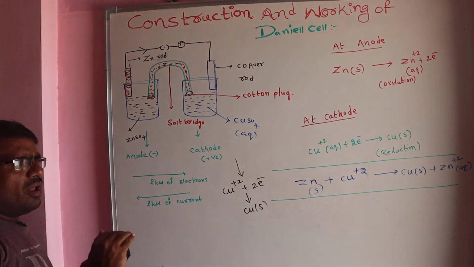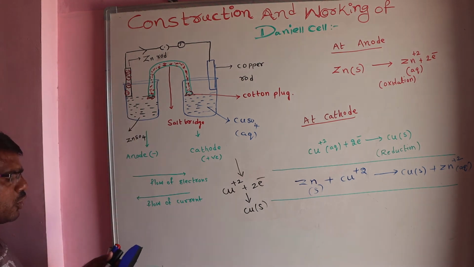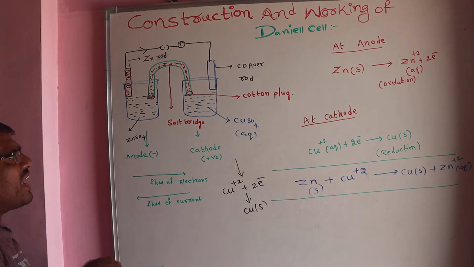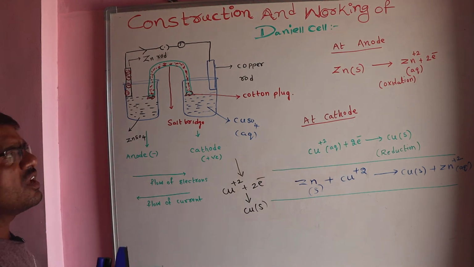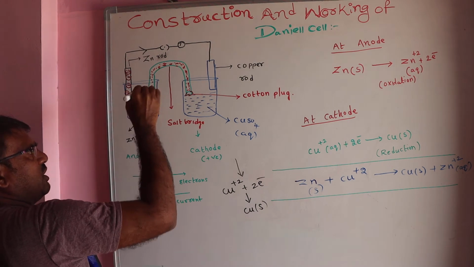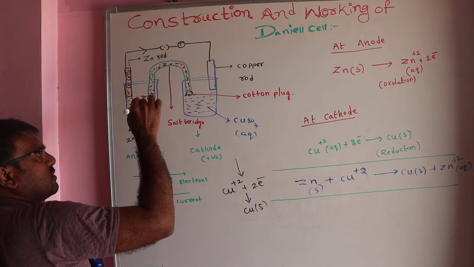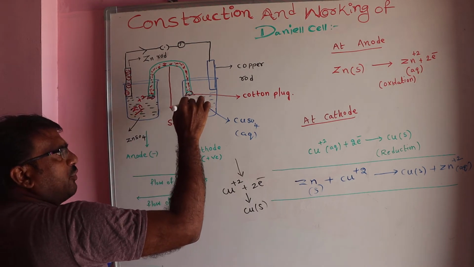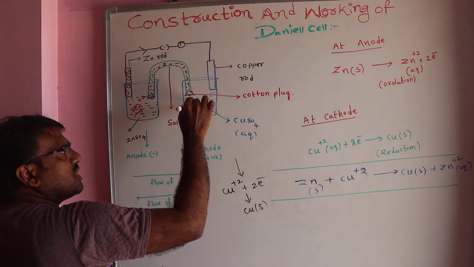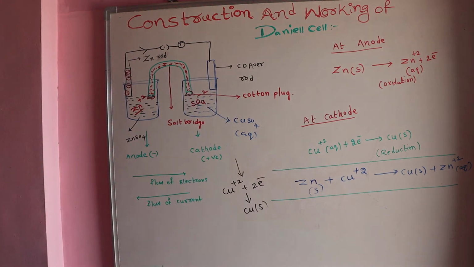See, as time passes, in the ZnSO4 solution, which ions' concentration increases? In the solution, Zn plus 2 ions concentration increases. So on the left side, Zn plus 2 ions concentration increases, and on the right side, which ions' concentration increases? SO4 minus 2 ions concentration increases.